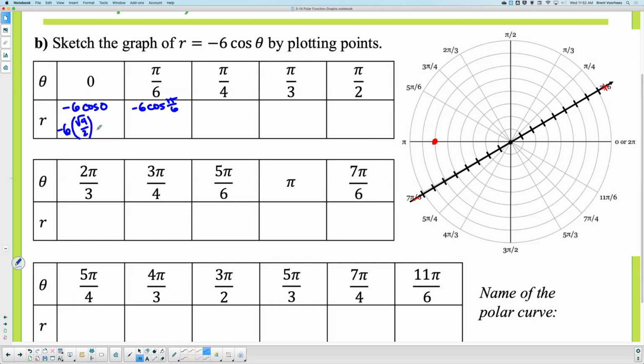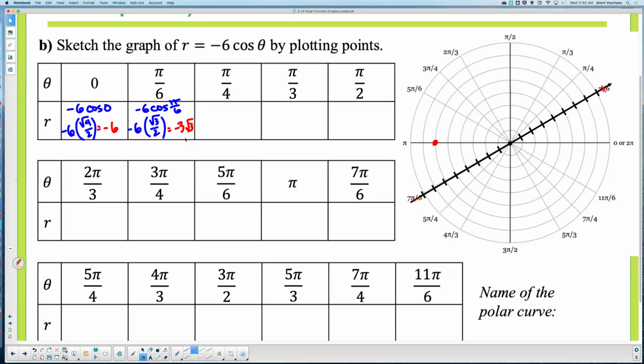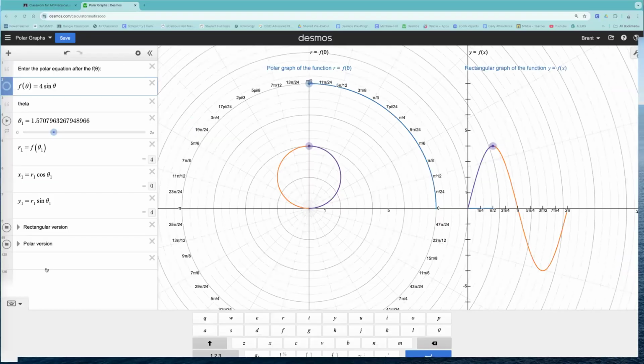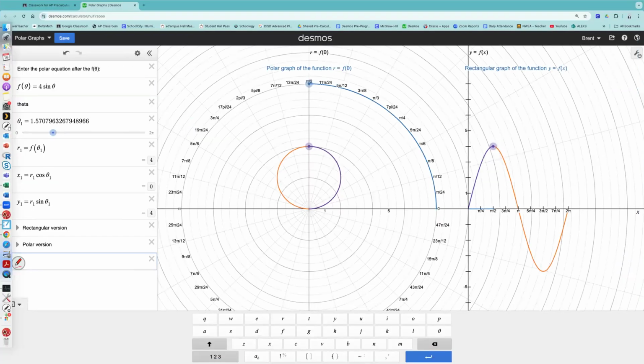Cosine starts at its maximum, and we said that is -6. The next value would be -6 times the square root of 3 over 2. And so that would reduce to be -3 square root 3. Now, I don't know what that value is. Let's go find out what that is in the calculator. -3 square root 3. What?